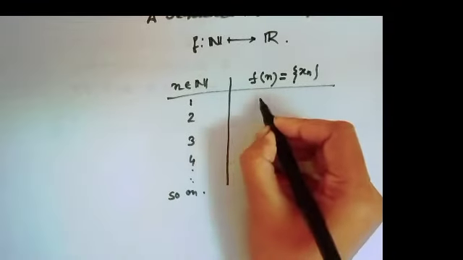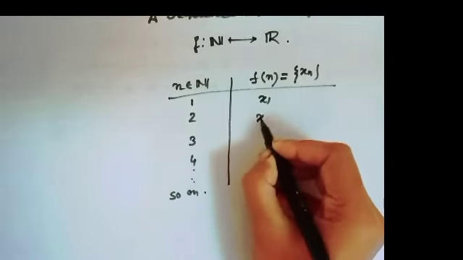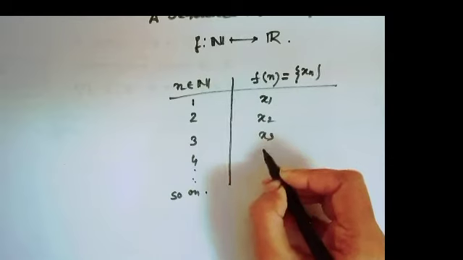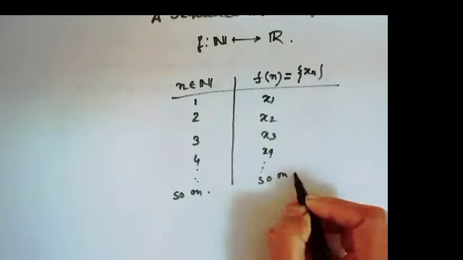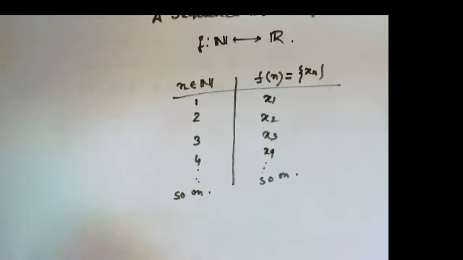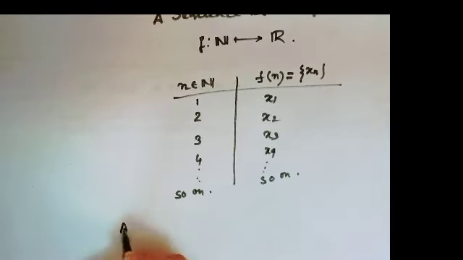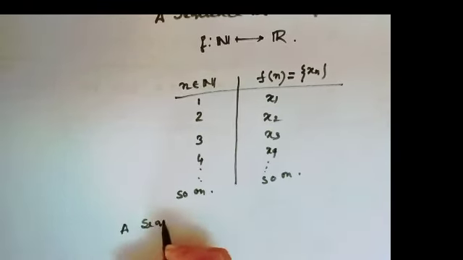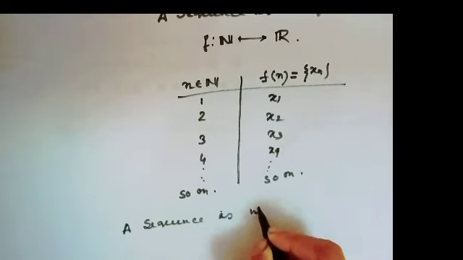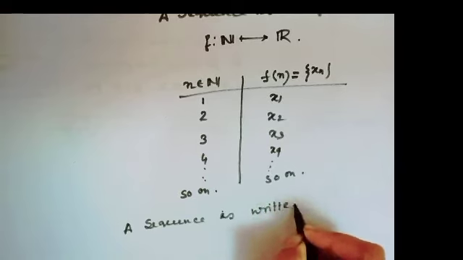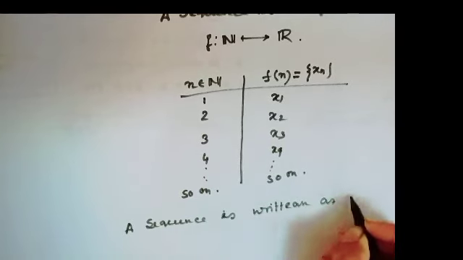And here the values x_1, x_2, x_3, x_4, and so on. A sequence is written as x_n.